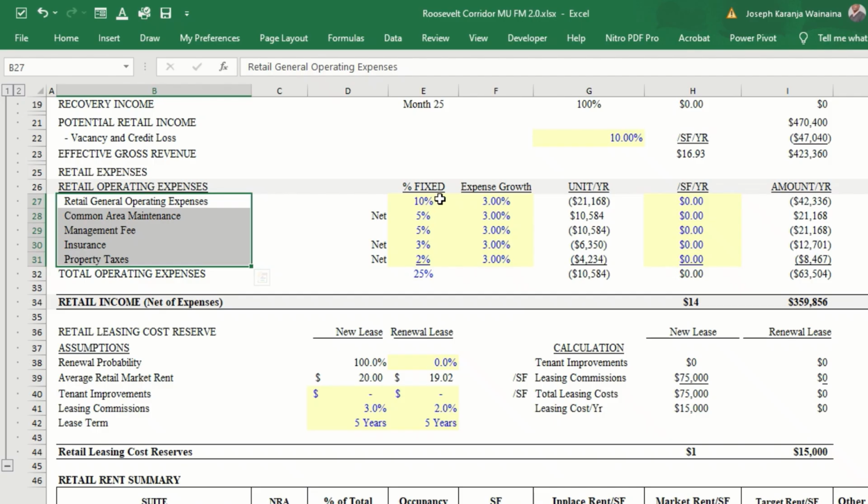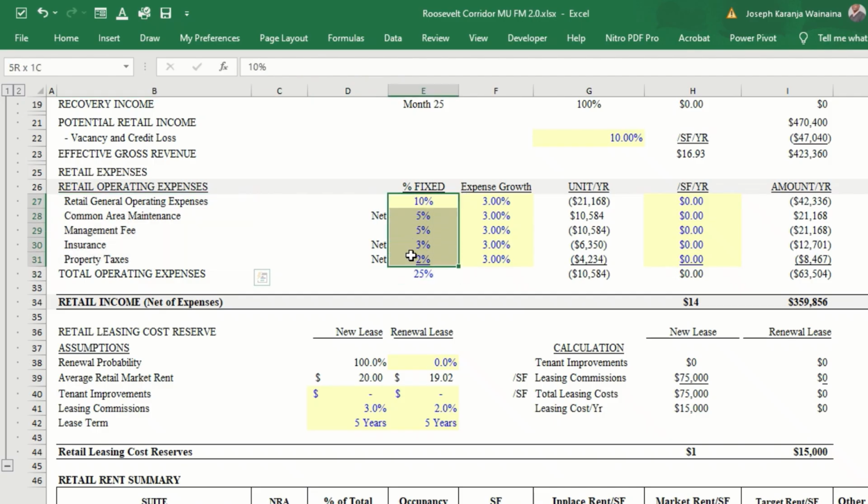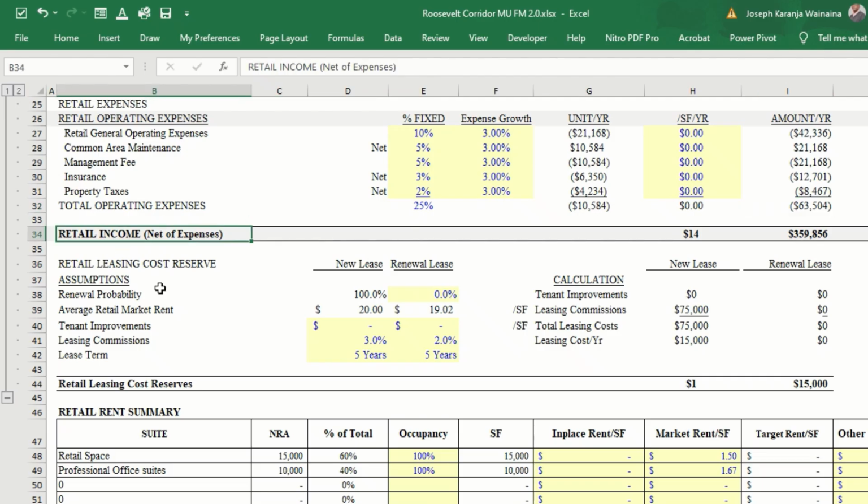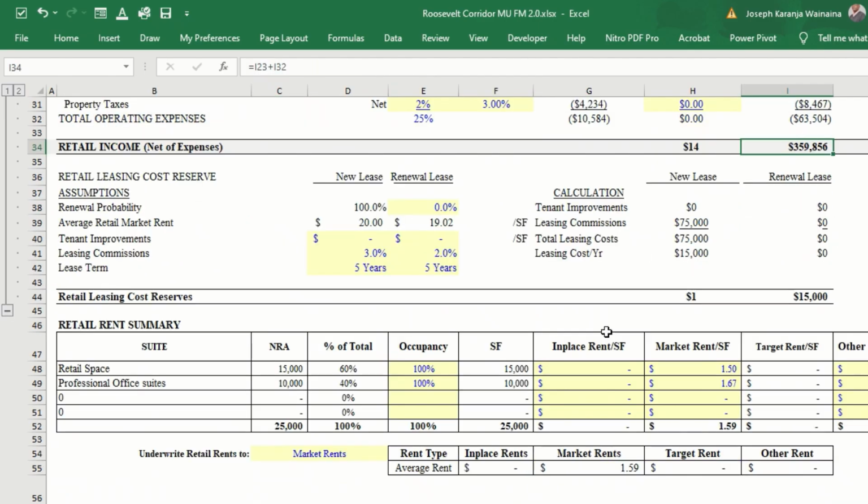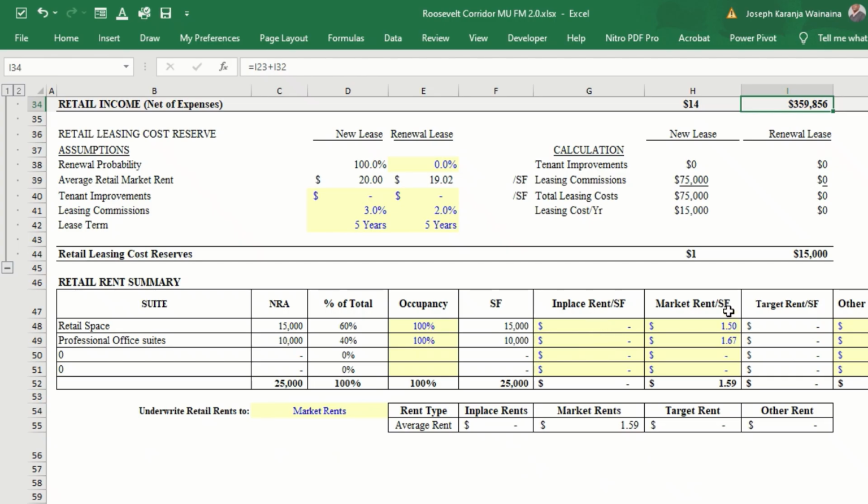So here we can indicate the specific percentages and they can be computed there. So we have the retail income net of expenses. We also have, in case of any leasing cost that will be incurred, we can specify it and get the total.